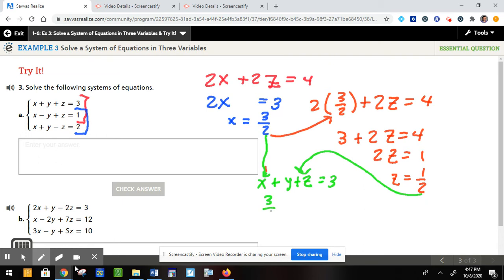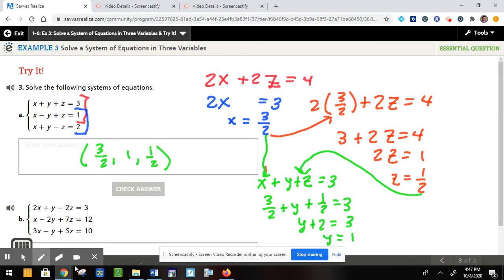So you have 3/2 plus y plus 1/2 is equal to 3. 3/2 plus 1/2 is 4/2, which is 2. So y plus 2 equals 3. Subtract 2, you get y is equal to 1. All right, so your ordered triple is 3/2, 1, 1/2.